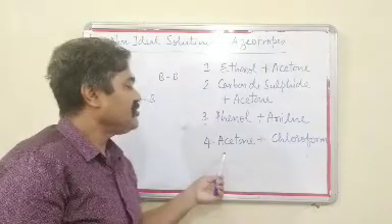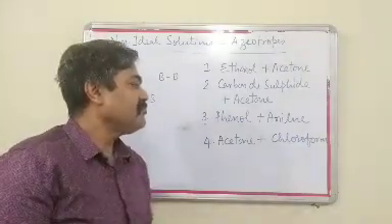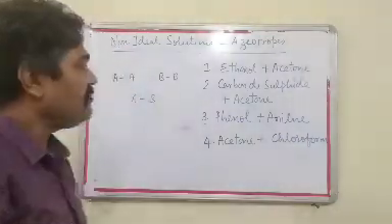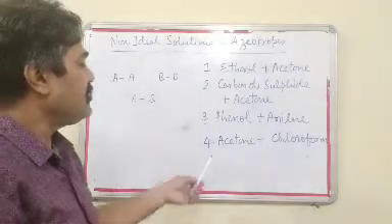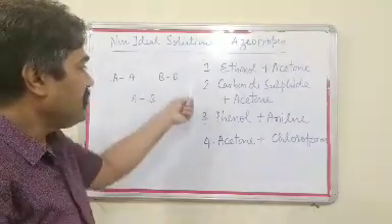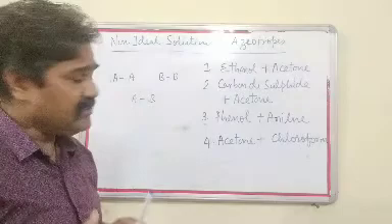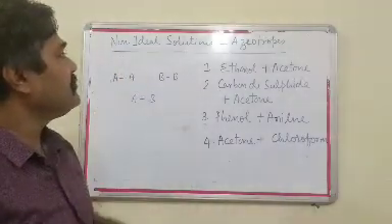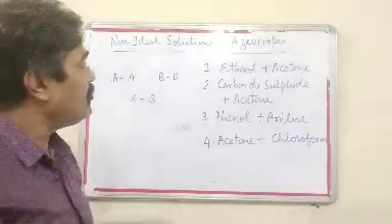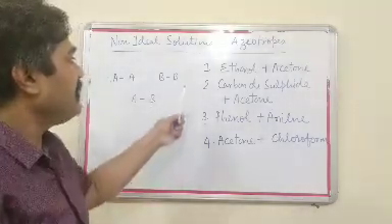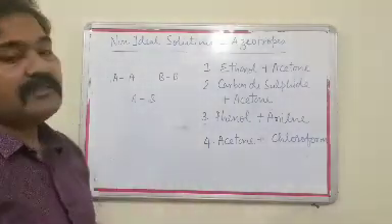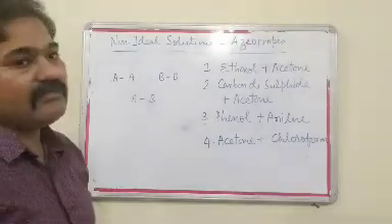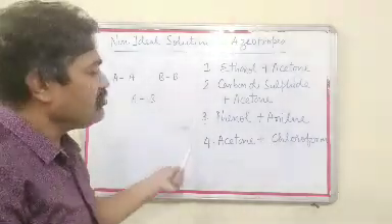That's why the mixture of acetone and chloroform shows the negative deviation from the ideal behavior. So in this way, sometimes in the board exams, whenever the definition of the ideal or non-ideal solution is asked, definitely some examples are also asked, so it is good to learn.